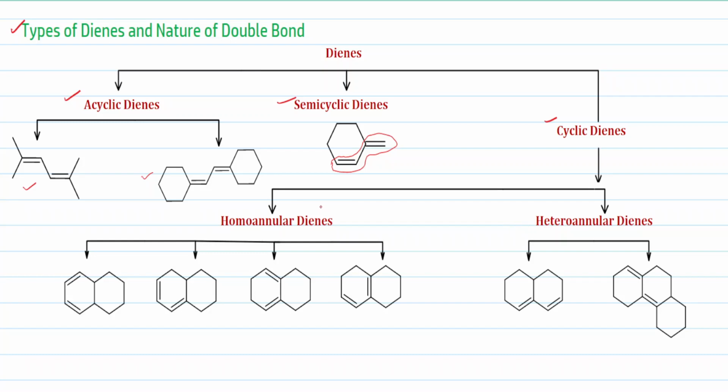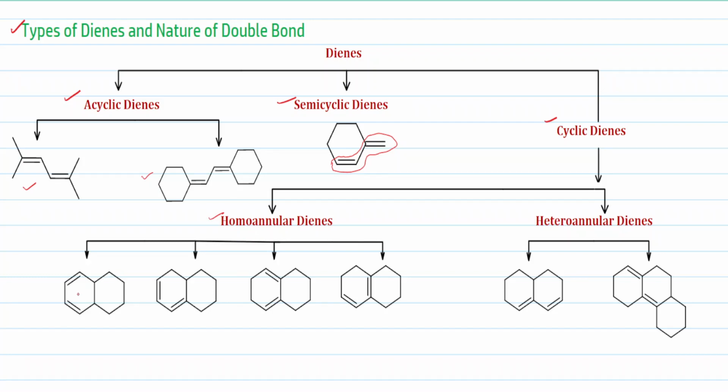So in the case of cyclic diene, there are two cyclic rings or one cyclic ring which have two double bonds. Let us consider first homoannular diene. Homoannular means two double bonds present in one ring and they are in conjugation. So let us consider the rings here.